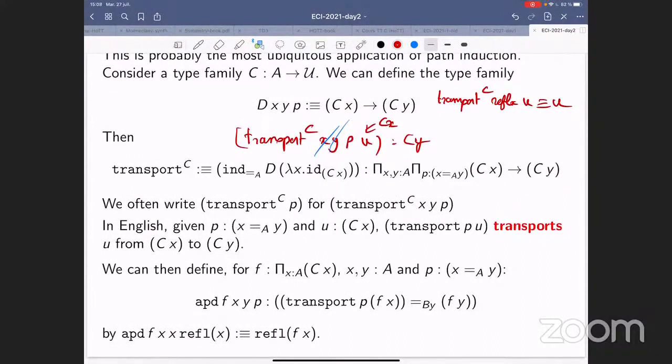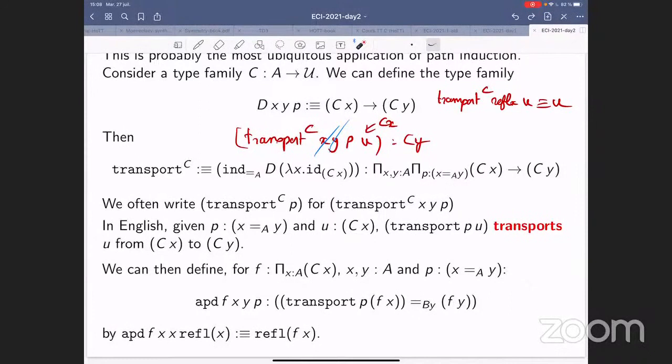So how do we prove this? Well, again by induction, because you see that this ABD depends parametrically on X, Y, and P. So again, because this is generic, we can restrict ourselves to X and refl.